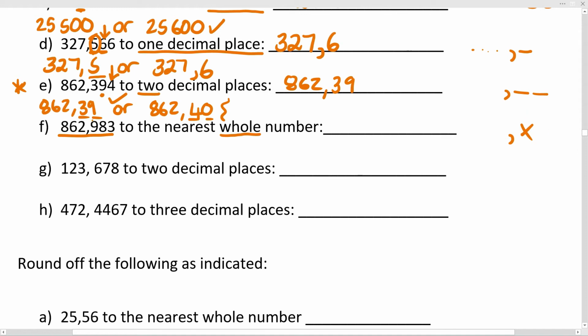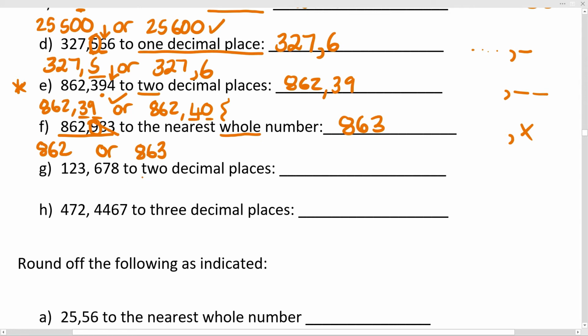I've got to get rid basically of the 983, and I've got to decide then, is my answer going to be 862 the way it is right now, or is it going to be 863? I'm going to look at my indicator, which is that 9, and I think this one's quite obvious. The 9 is going to take it up, and so my answer will be 863.